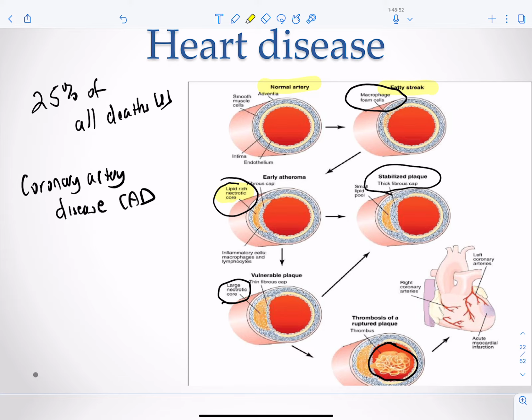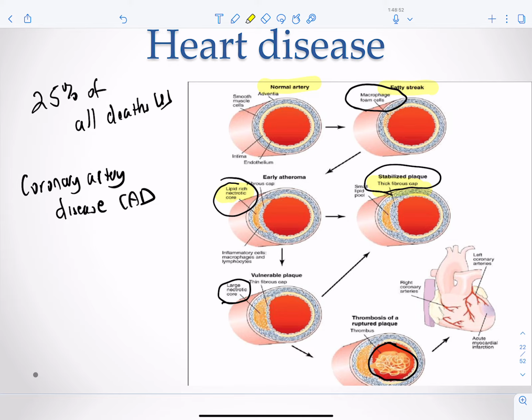And so the inflammation will lead to a necrotic core. So necrosis means death. With any inflammation, you have a neutrophil influx. So neutrophils come in and they basically are killing themselves, and they create this necrotic core. And then you're going to have fibers laid down to try to repair and also to wall off this necrotic tissue.